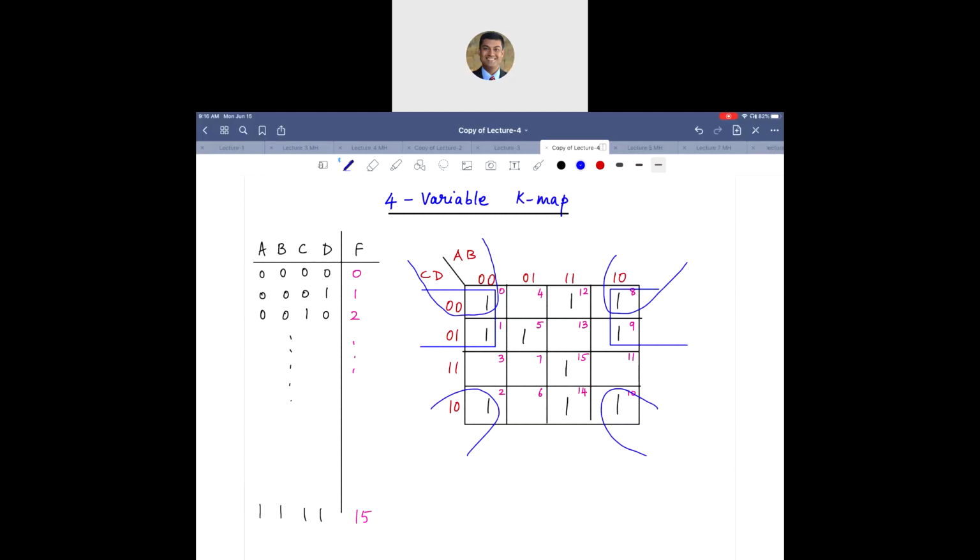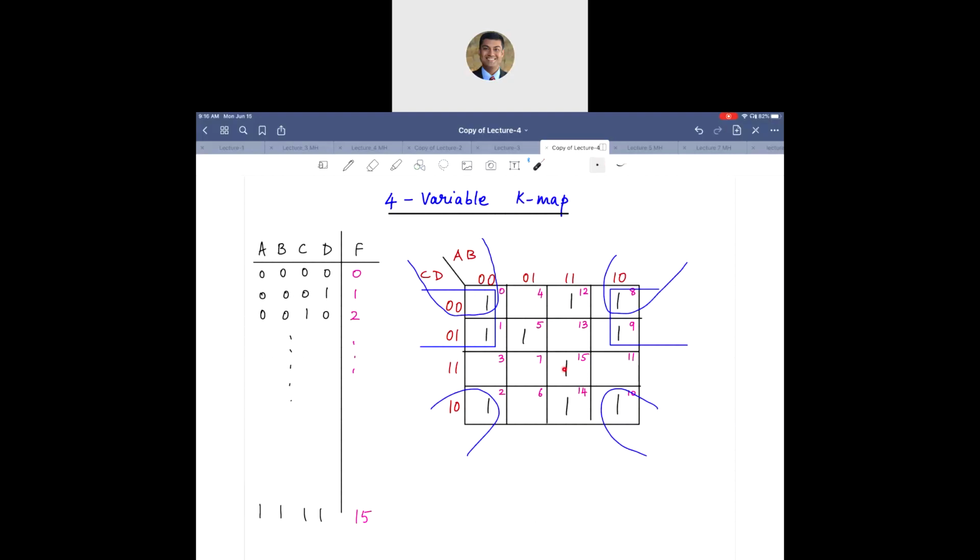What else is remaining? How about cells 15 and 14? 15 and 14, right? So I'm done with group of 4 ones. That's it. I cannot make any further group of 4 ones. Only 2 of them. Next, I go down to 2 ones. For 2 ones, what do I have?